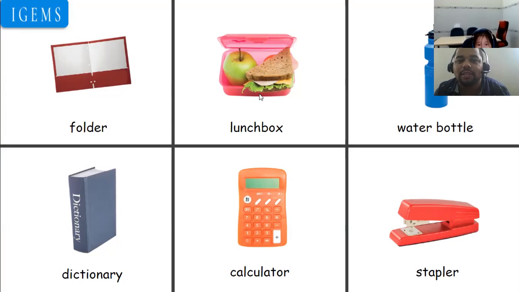Lunchbox. Lunch box. Okay. Very good. Then we have water bottle. Water bottle. Very good. So then we have dictionary. What is the name of this one?